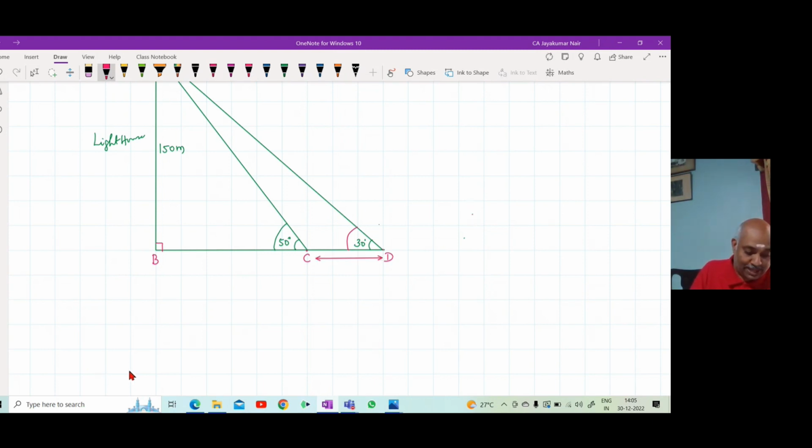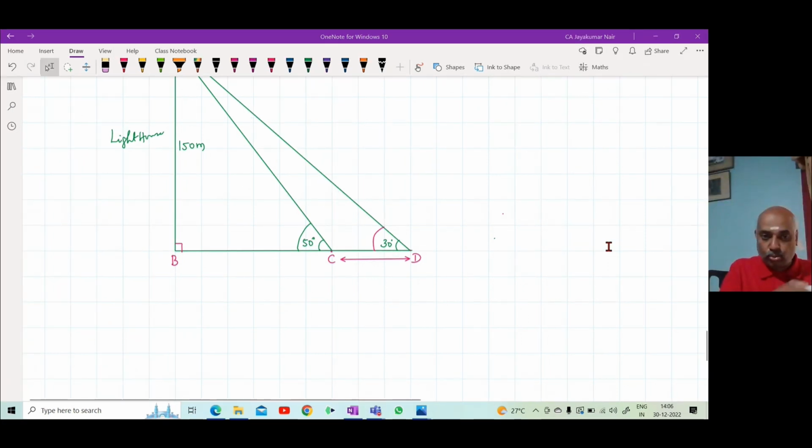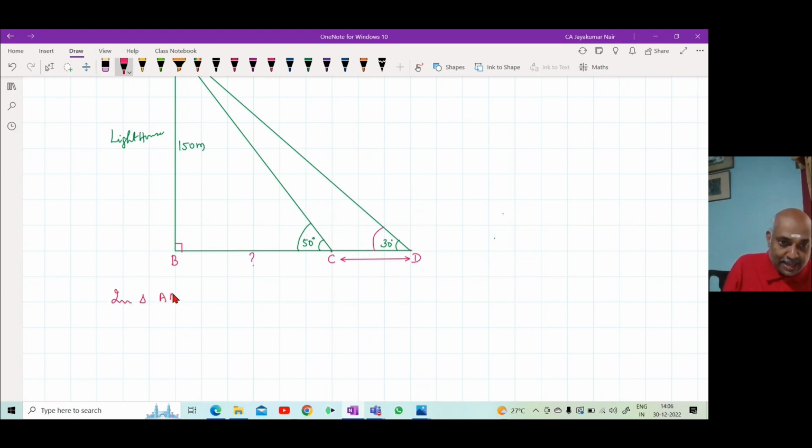So how do we find out? First, we will have to use the table. We have to find out what is tan 50. To find out, we'll find what this distance is first. What is BC? In triangle ABC, what is tan 50?